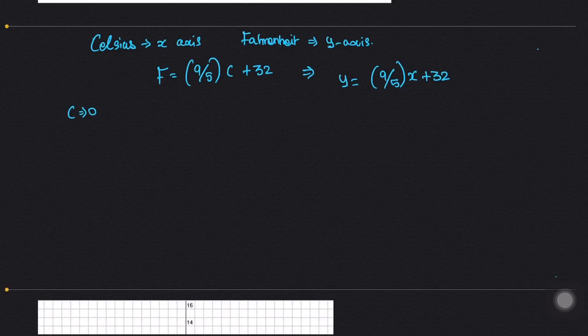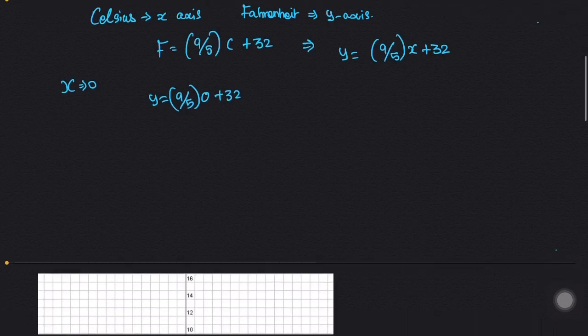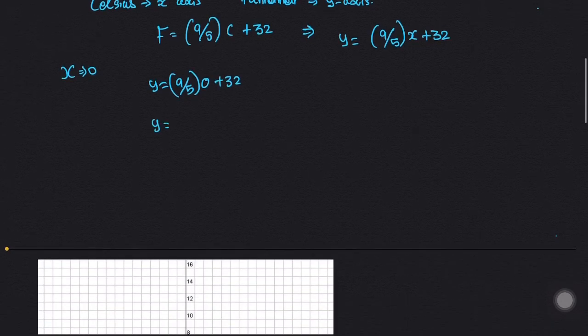That means first substitute x = 0. y = 9/5 multiplied by 0 plus 32. Then the value of y is 32. So the point (0, 32) is a solution of the given linear equation.